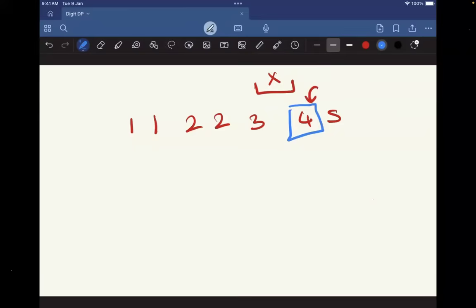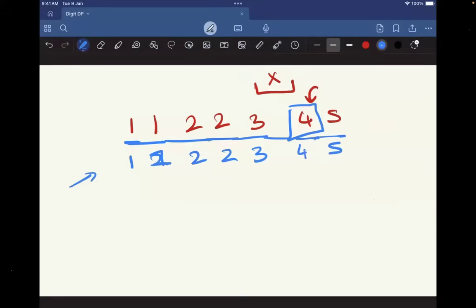Now, before moving on to the next part of the problem, I'm just maintaining the number of unique elements in that range. So in this prefix, the number of unique elements is 1. In this prefix, it is 2. This is 2 again. This is 3. This is 4. And this is 5. This is the number of unique elements in the prefix. Yes or no, guys?